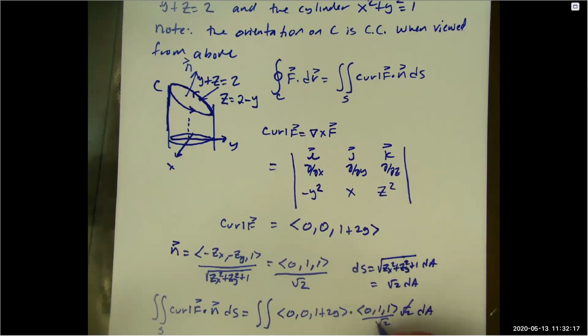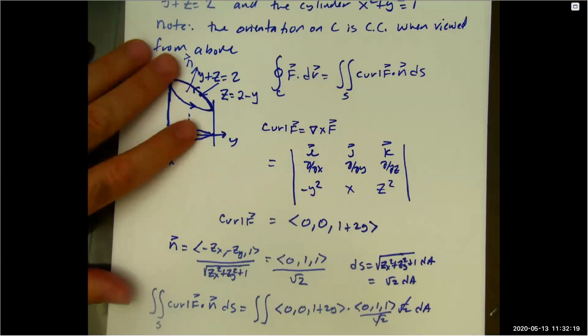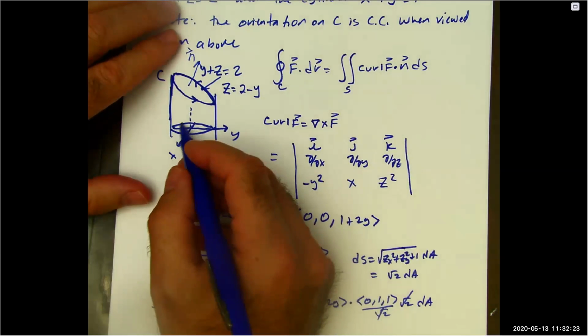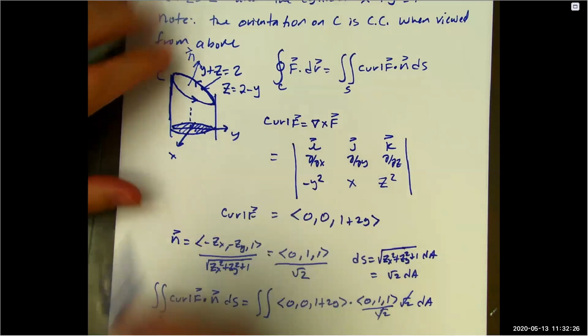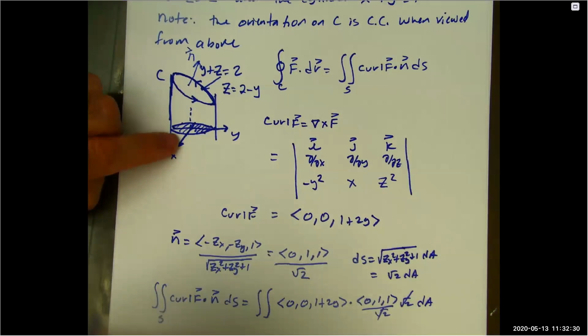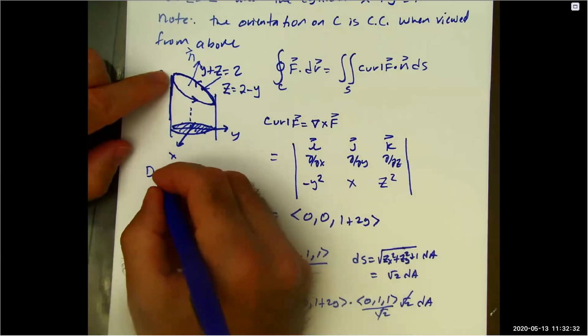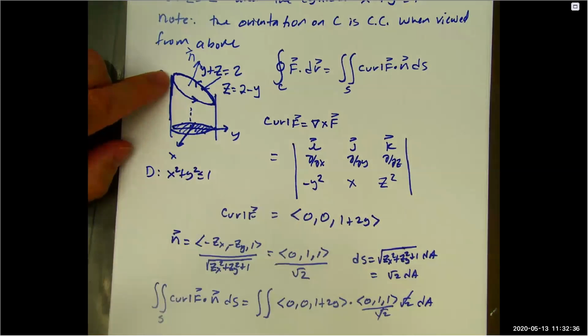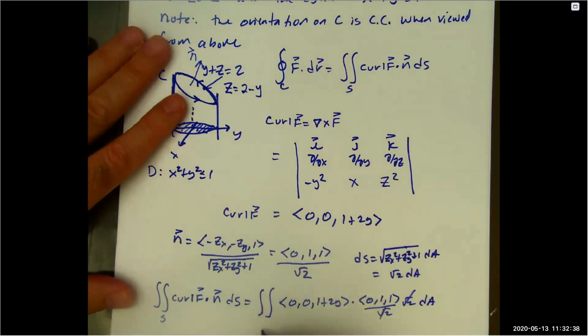We don't really need to write that because that cancels all the time. So we just have that. And then we're going to be integrating over D, where D is the projection of our surface on the xy plane. So in this case, our D is just going to be the disk, x squared plus y squared less than or equal to 1.